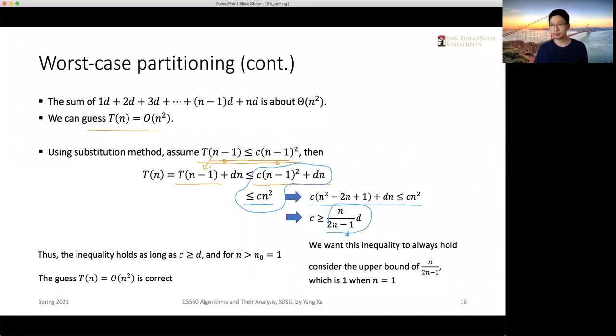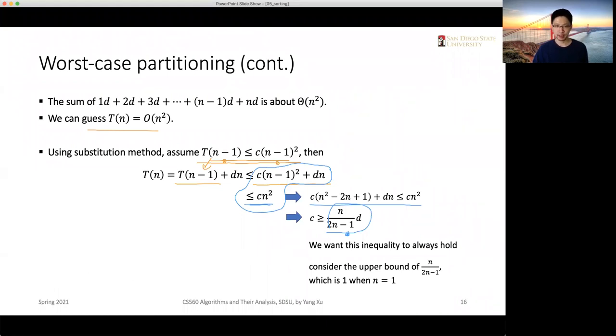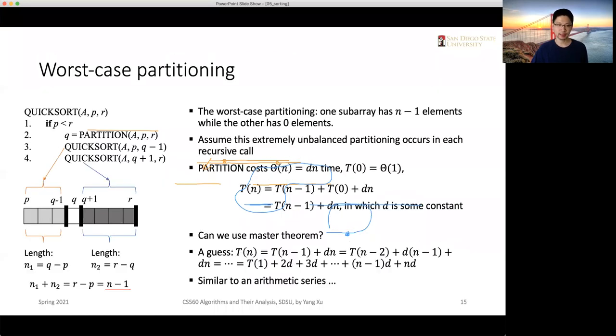All right, so that proves our guess. Let's go back to the previous slide. The take-home message is that if the worst case partitioning happens at each recursive call, then the running time for Quicksort is a quadratic function, which is as bad as insertion sort. But that is okay though, because we are very harsh to the inputs.